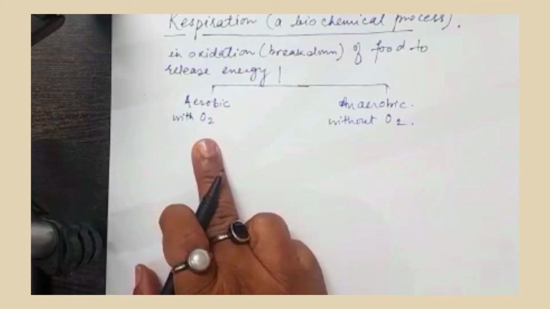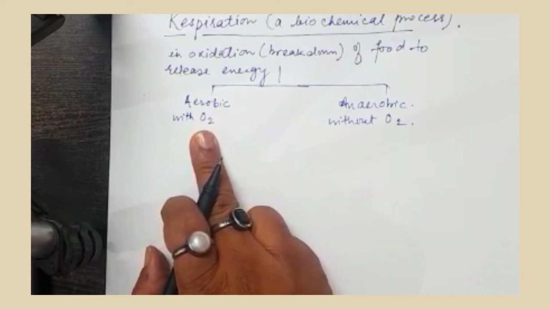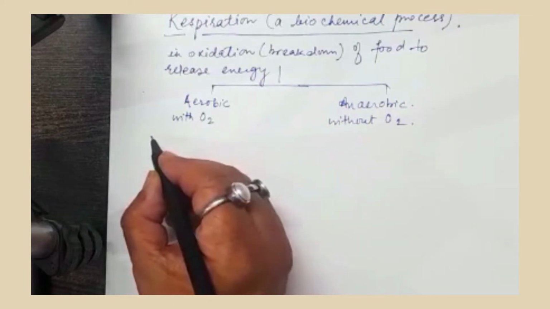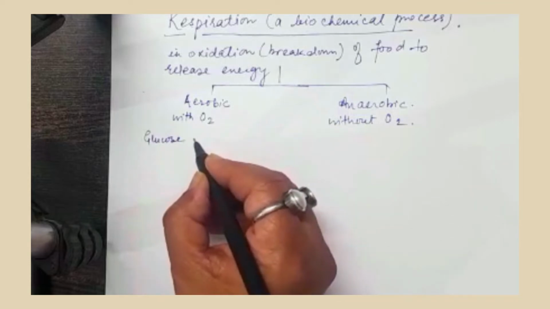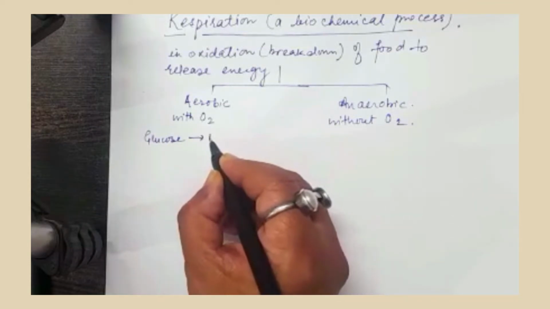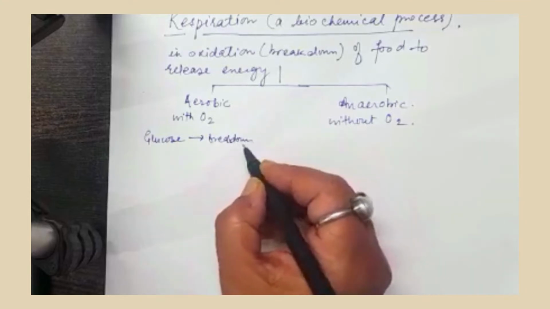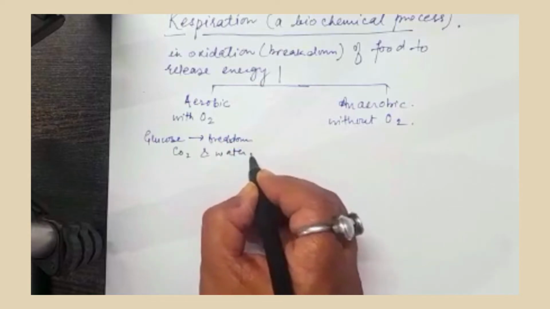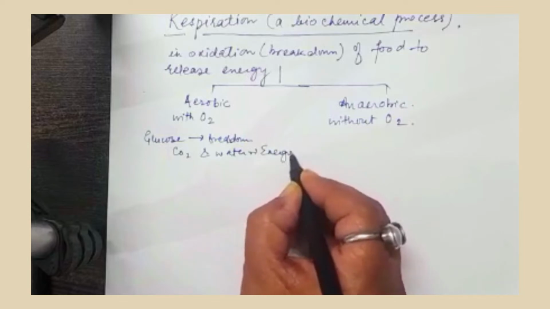That means aerobic respiration is the respiration which takes place in the presence of oxygen, right? That means glucose, the food that we are eating, is going to break down into carbon dioxide and water and releases a lot of energy as well.